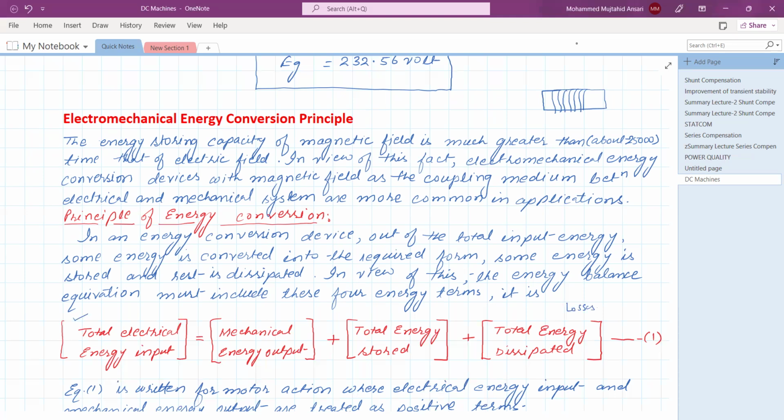To avoid the eddy current loss, we make the core laminated, which we have discussed. In future also, we are going to discuss in detail the different losses in the machine. So shortly, the total electrical energy is converted into mechanical energy, some energy is stored, and some energy is dissipated.